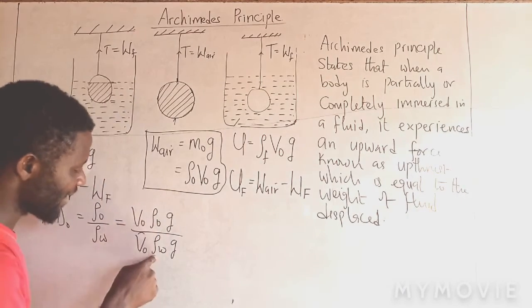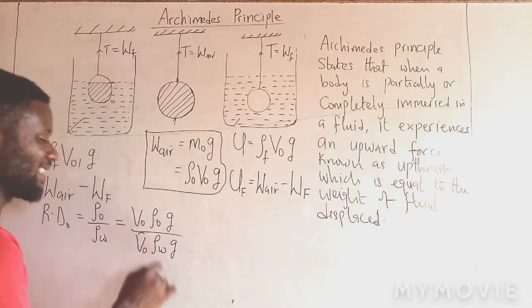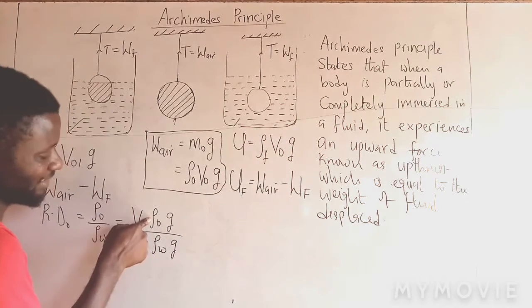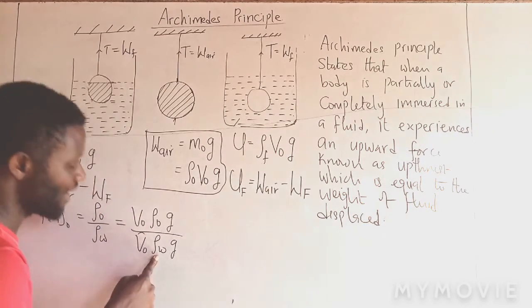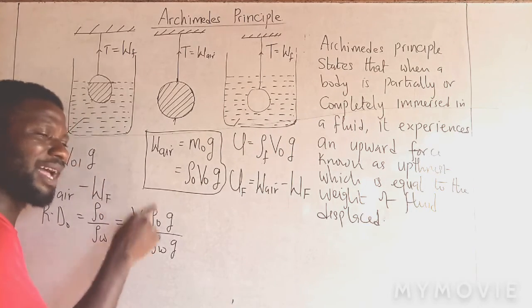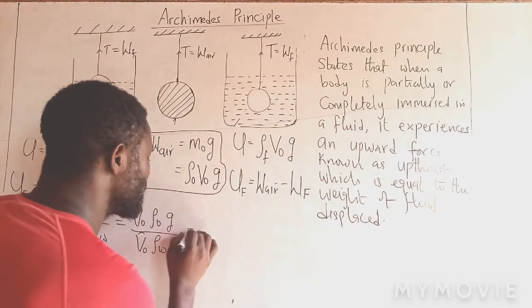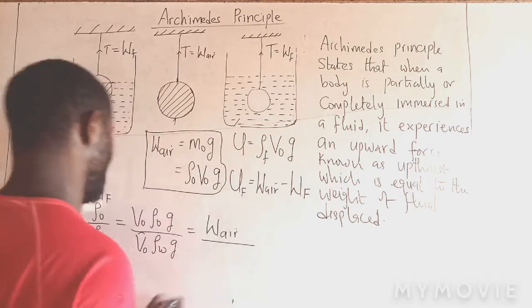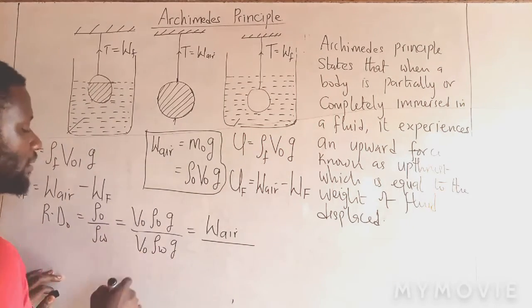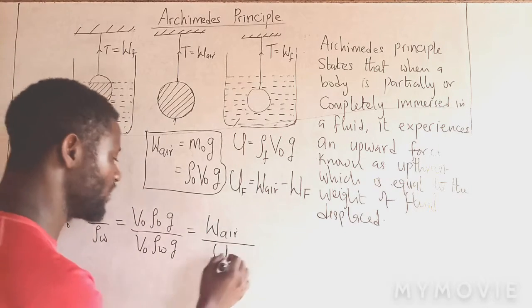These formulas look alike. The major difference you will be looking at is the density. The density of object here and the density of water here. When you have the density of object, you are talking about the weight of object in air. So this is the weight of object in air over upthrust on the object in water.